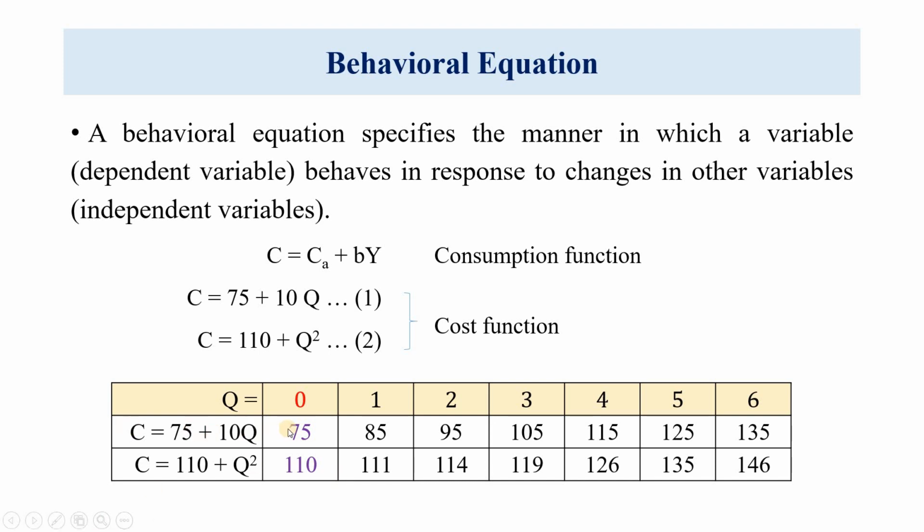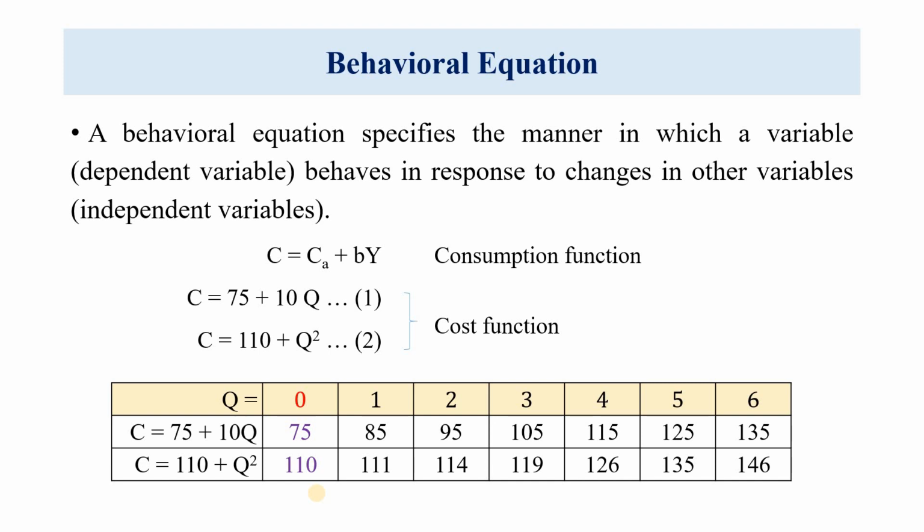Let's see what happens if we increase our production. That means 1, 2, 3, 4, 5, 6. What will happen in both of these cost functions? According to equation 1, we can see that there is a continuous increase in total cost, which is a constant amount, that is 10 units: 75, 85, 95, 105, a constant increase in cost. But in case of the second equation, there is no inherent tendency to be constant.